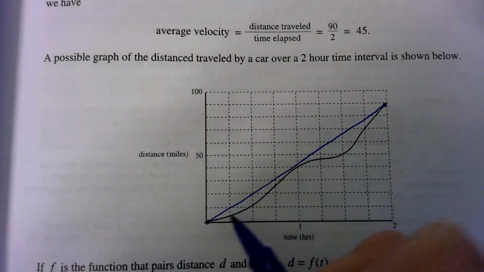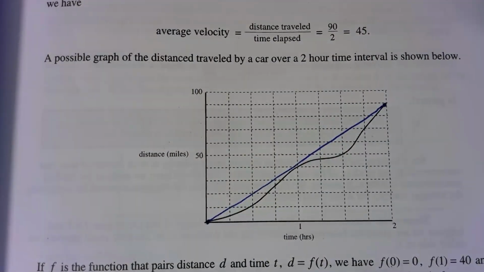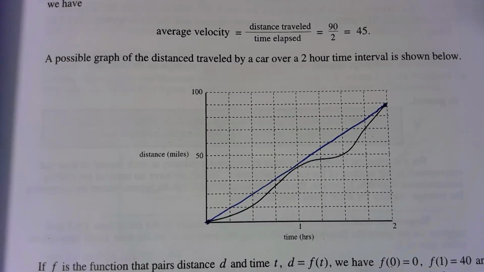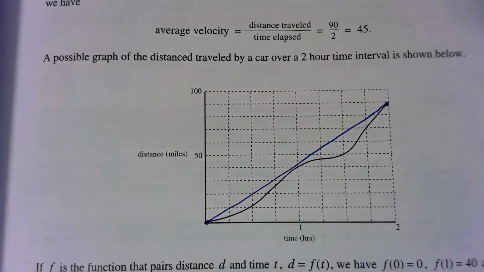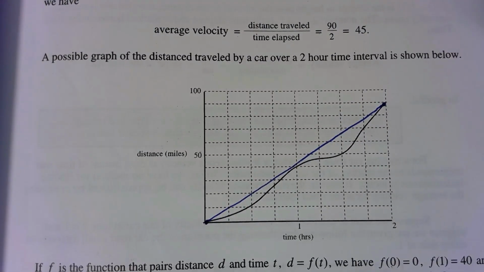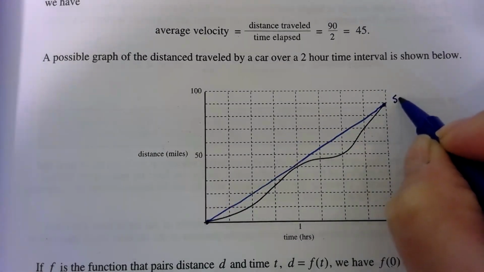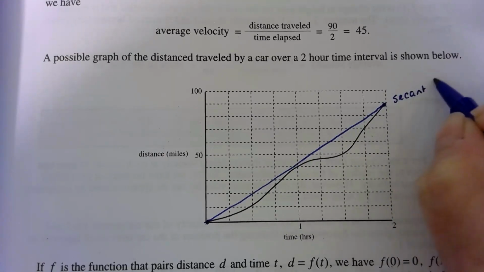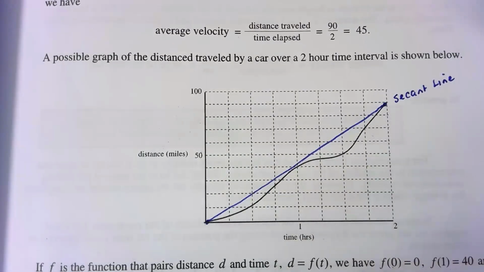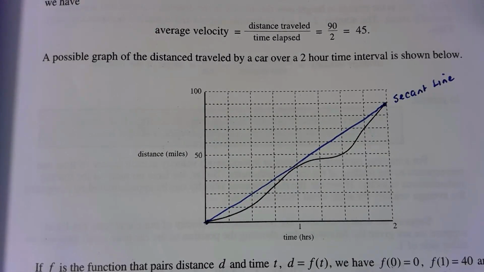Now this blue line that I just drew in my book, it's okay because it's my book, I actually paid for this book, is called a secant line. A secant line is just a line you learned in geometry that intersects a graph at 2 or more places, but we're just going to focus on 2 points of intersection.